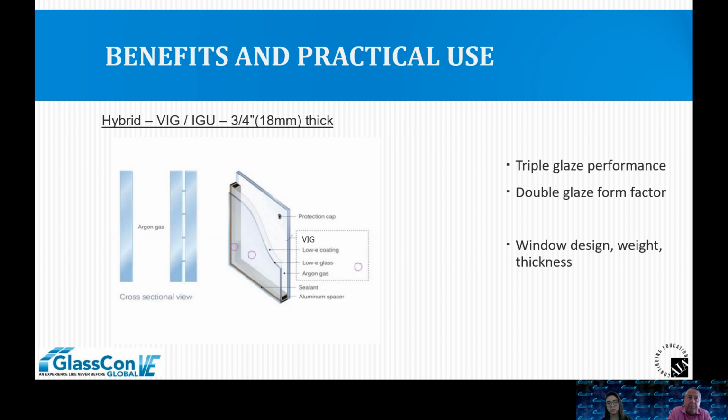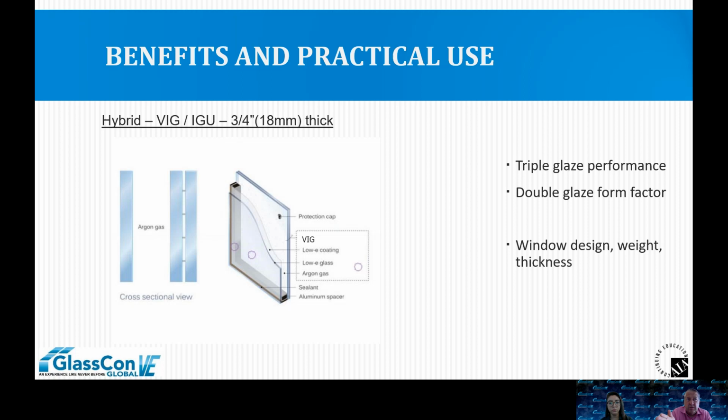for the project. The other area we see nice benefits is if you take a 1-inch IGU, you still use that low E on surface 1, on surface 2 in your outboard light, but you change the inboard light to a VIG pane. Now what you get is what's called a hybrid VIG IGU. So essentially this gives you a triple glaze performance in a double glaze form factor.